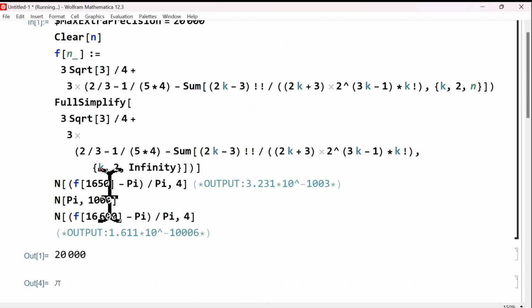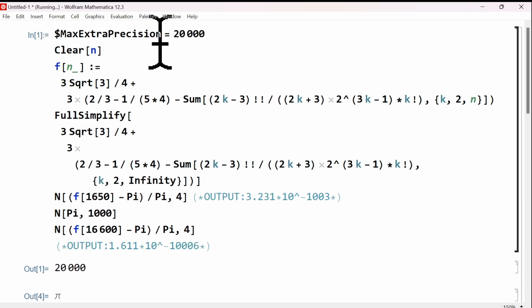First, it accepts the maximum extra precision to be 20,000 because I'm interested in computing the numbers to about 10,000 digits. I have enough to guarantee the accuracy of my calculation by setting this max extra precision to 20,000.